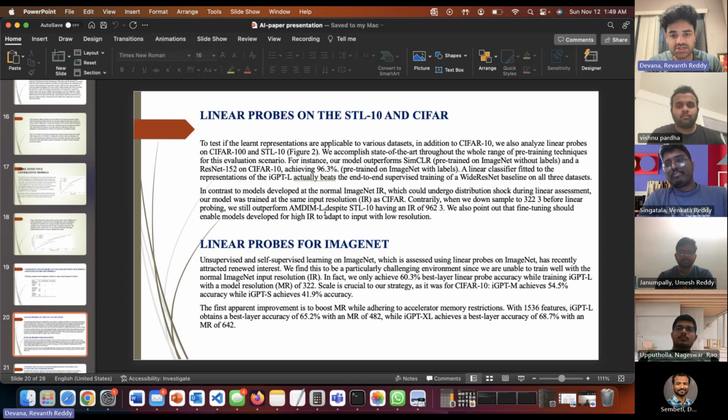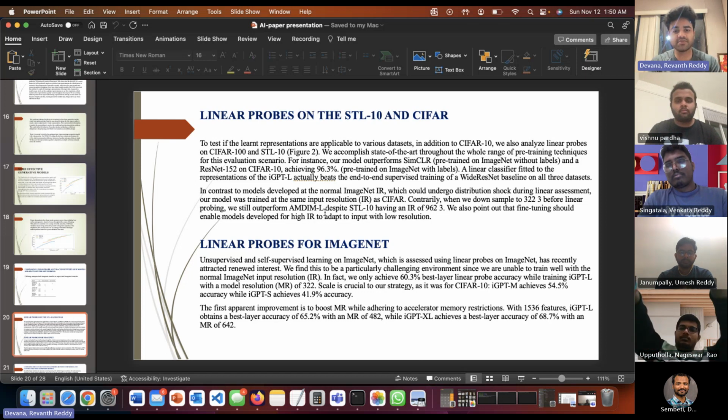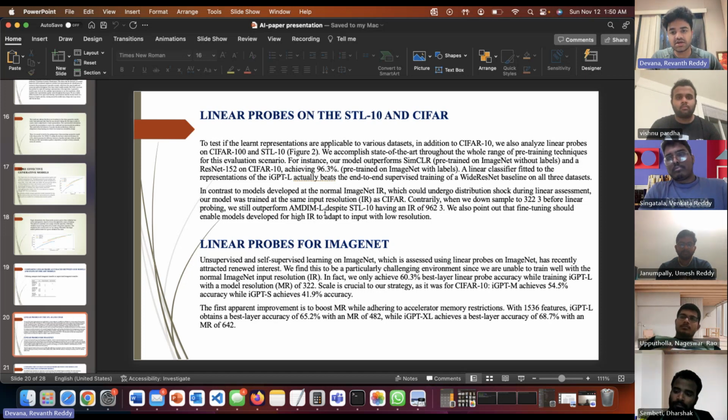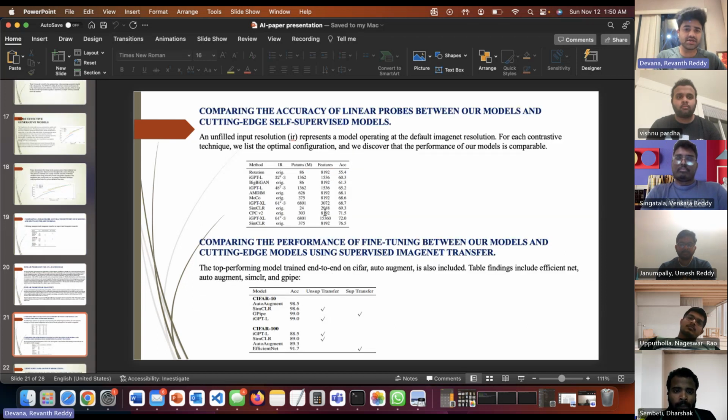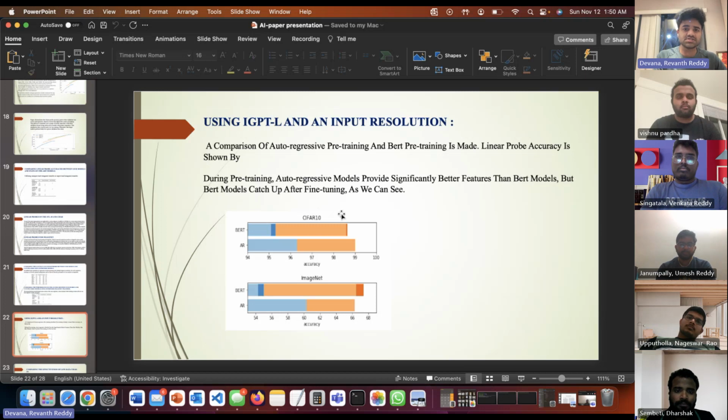The first improvement is to boost MR while adhering to accelerator memory restrictions, with which I obtain 65.2% and achieve a best layer accuracy of 68.7 with an MR of 64x2. This is a comparison between auto-regressive pre-training and BERT pre-training.